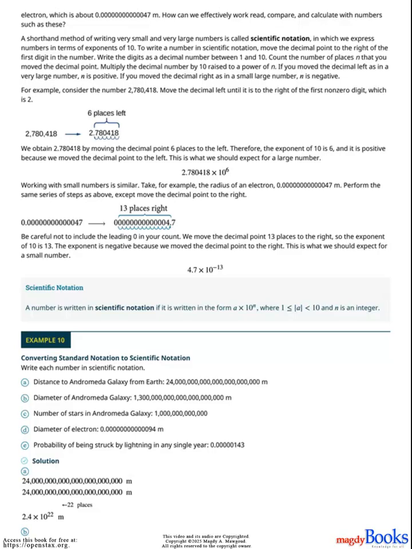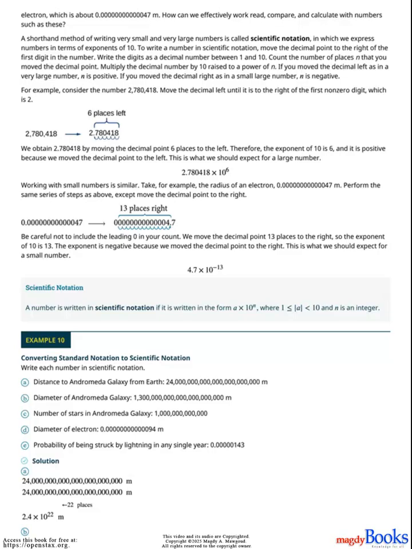Example 10. Converting standard notation to scientific notation. Write each number in scientific notation. A. Distance to Andromeda Galaxy from Earth, 24 sextillion meters. B. Diameter of Andromeda Galaxy, 1 sextillion 300 quintillion meters. C. Number of stars in Andromeda Galaxy, 1 trillion.